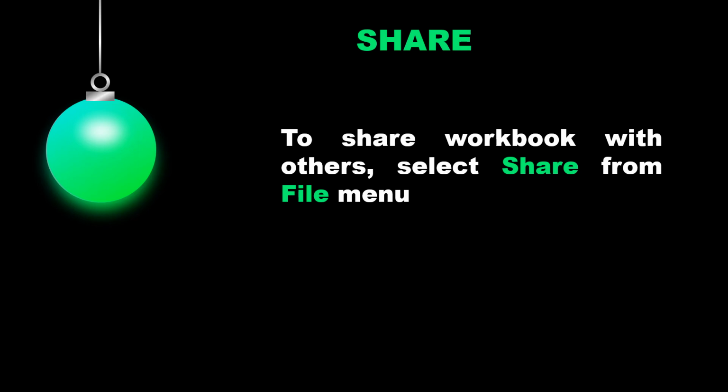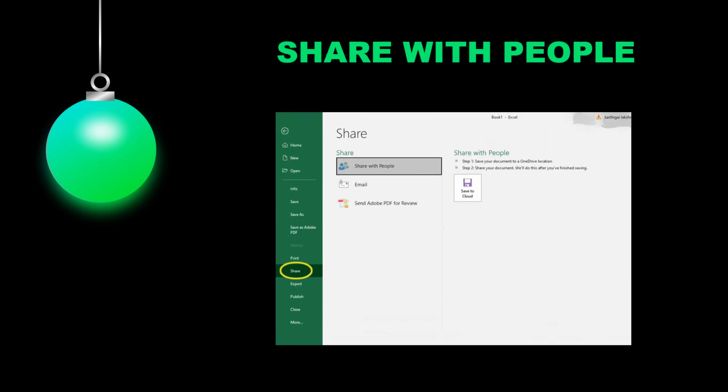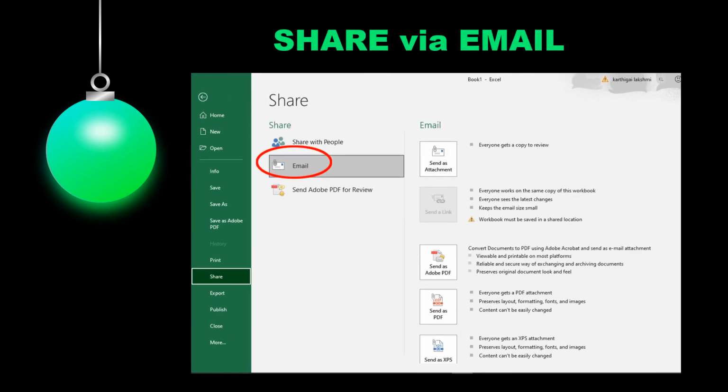The contents of the workbook can be shared with others by selecting Share from the File menu. The first option is Share with people. The second option is Share via email.